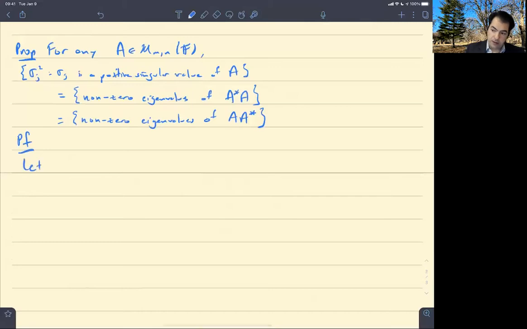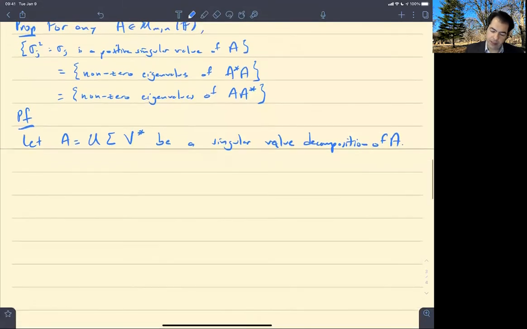Well, let A equal U sigma V star be a singular value decomposition of A. Now I want to compare these singular values with A star A and A A star. So let's look at one of those.